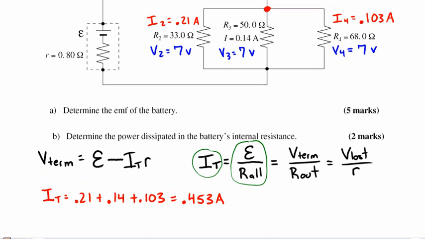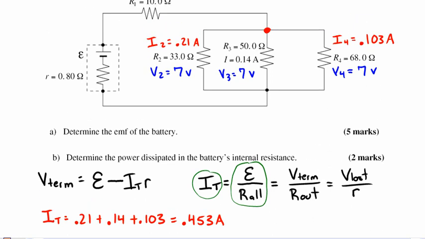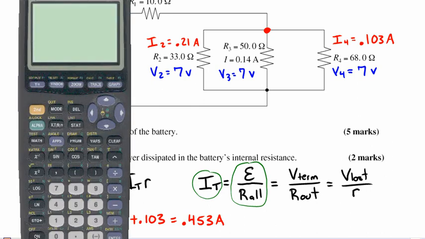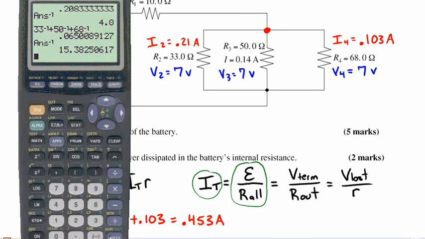So I'm going to see if I can first find out exactly what my total resistance is for everything. So I'm going to do some reciprocating here. So 33 flipped plus 50 flipped plus 68 flipped. And we'll reciprocate back. Okay, so we've got around 15.3, 15.4 ohms of resistance for everything.